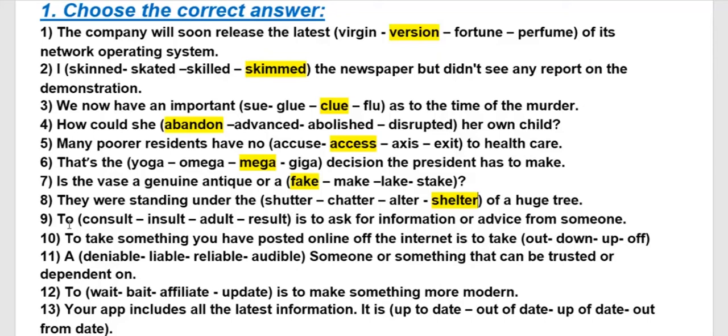Number 9, to consult is to ask for information or advice from someone.